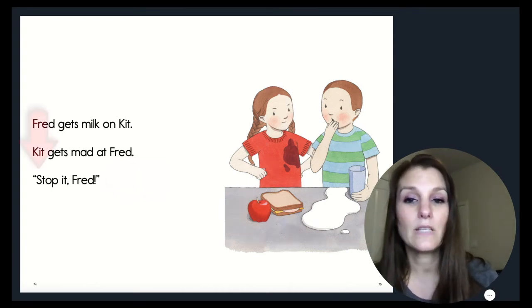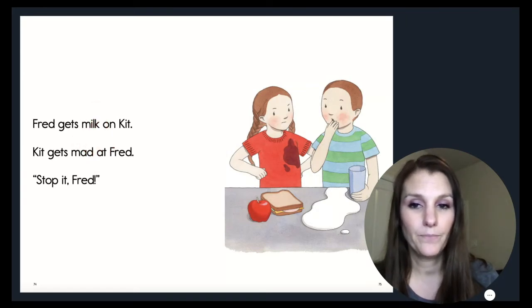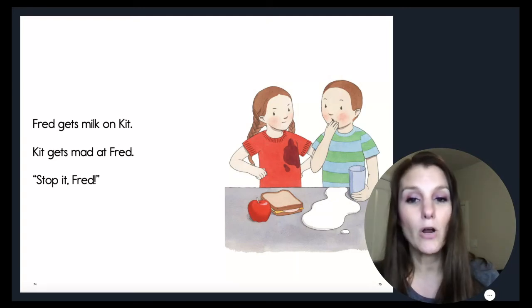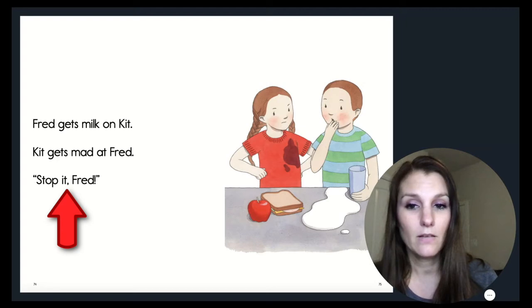Let's look at the last sentence of the story. It is enclosed in quotation marks. Say quotation marks with me. Quotation marks. Quotation marks are used to indicate a person's words. In this case, the quotation marks indicate Kit is saying, "Stop it, Fred." This is a comma. A comma signals the person reading to pause briefly.